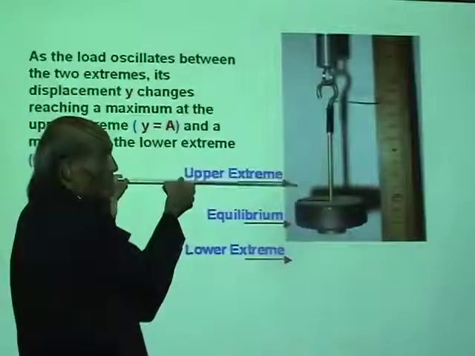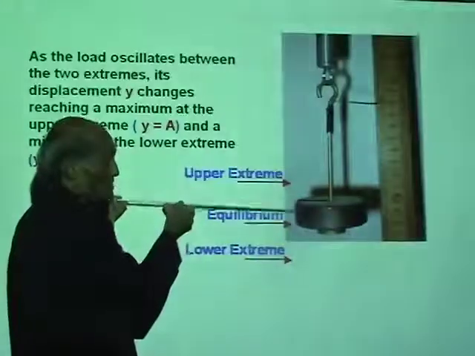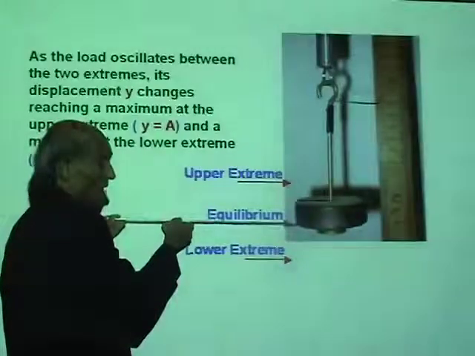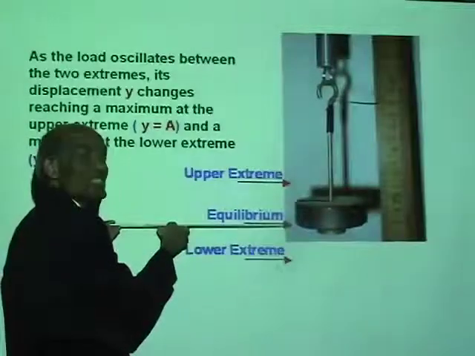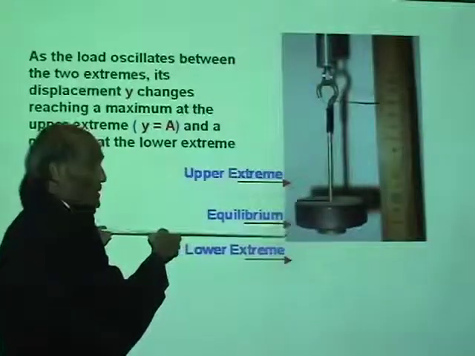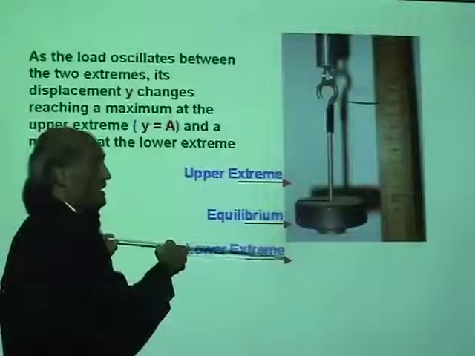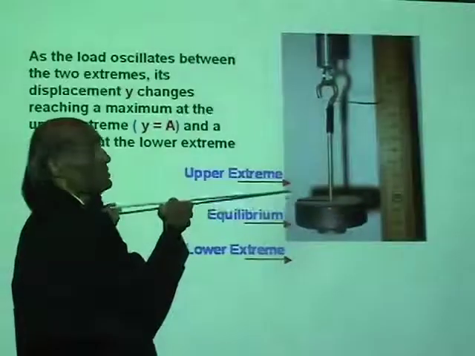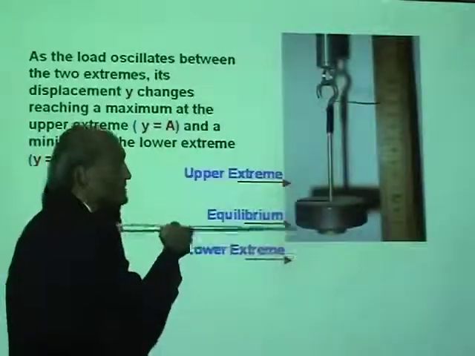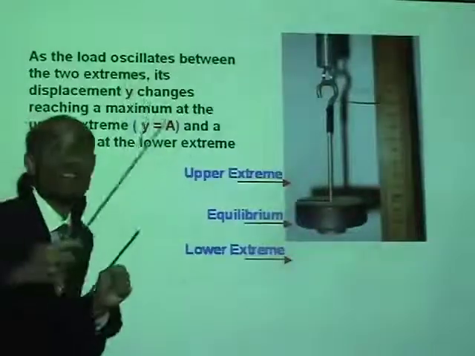And then the displacement begins to decrease, reaches 0, and now it is going to go down. The displacement now is negative. It goes to a negative minimum and then increases to 0 and then increases to a maximum, and that is how the displacement y changes with time.